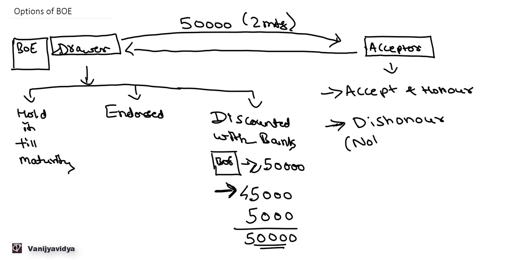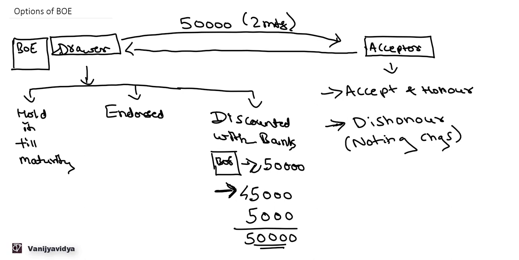Noting charges: what happens is, in case of the dishonor of the bill, this drawer or any other person, when he sees that there might be a dishonor of the bill, gives it to a notary public official for the collection, and this notary public official will collect certain fees known as noting charges.